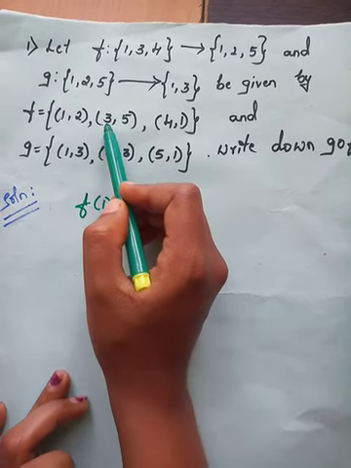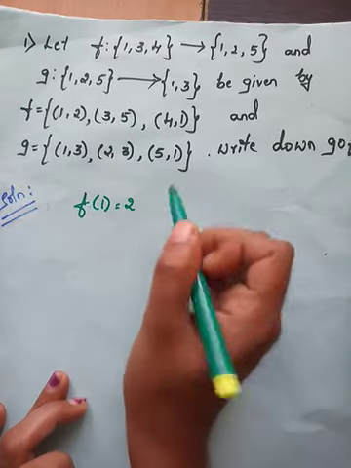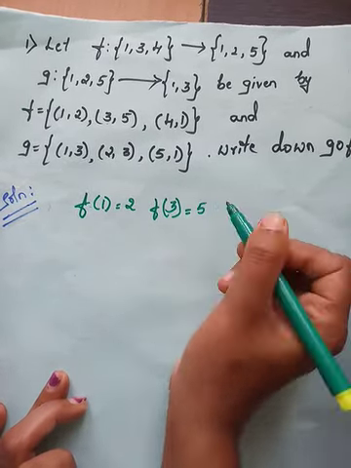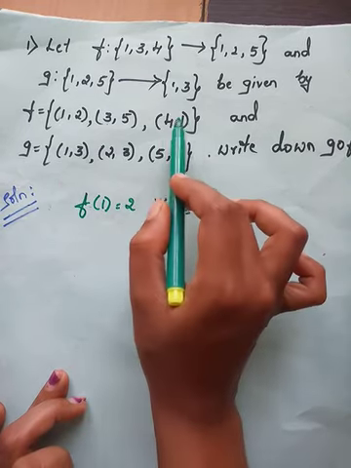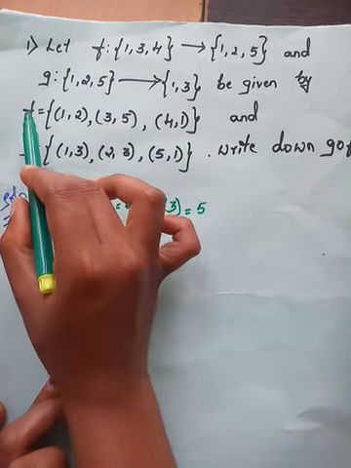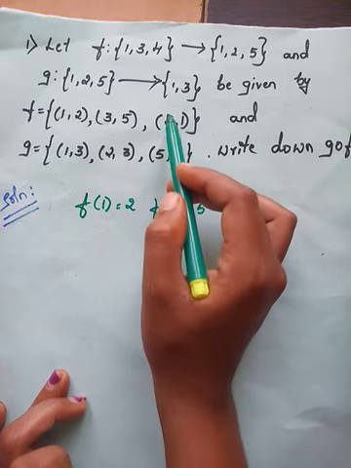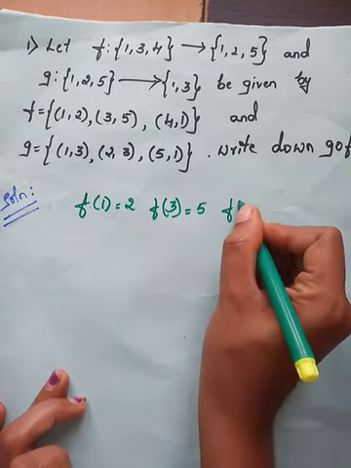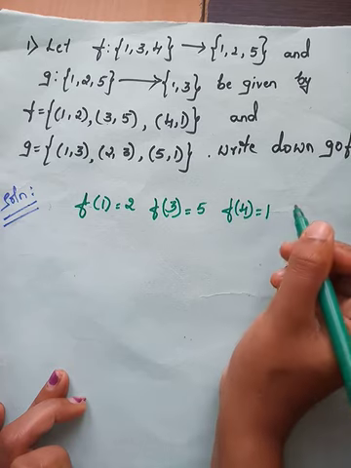The ordered pair (3, 5) belongs to F means F of 3 is equal to 5. The ordered pair (4, 1) belongs to F. What does this mean? That means F of 4 is 1.